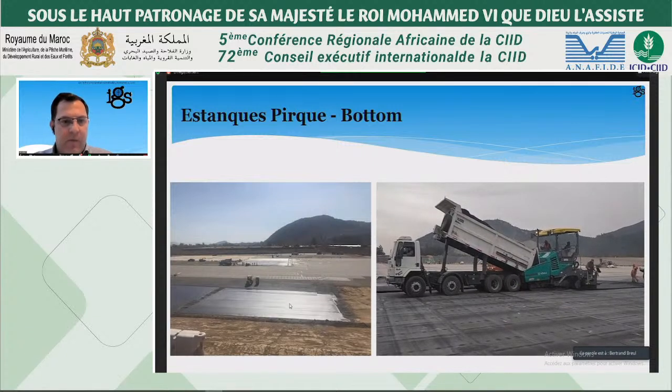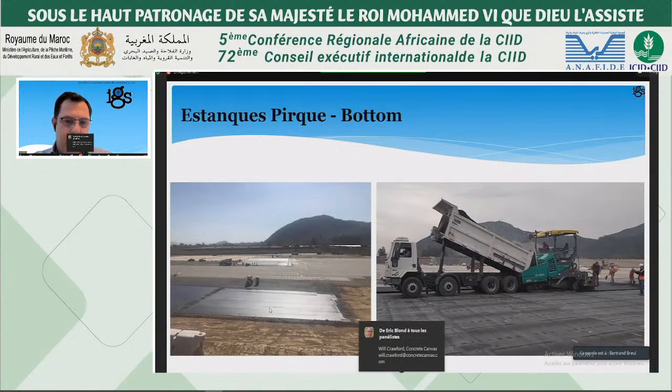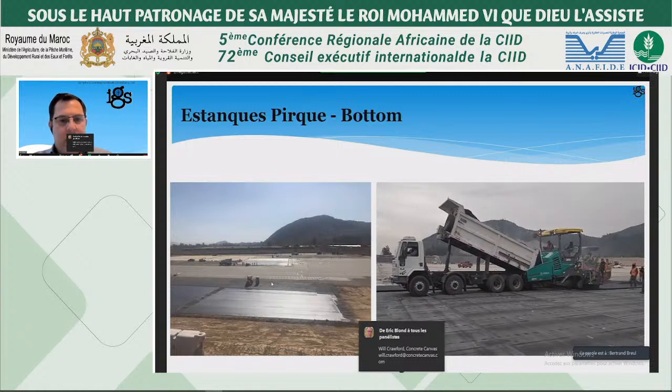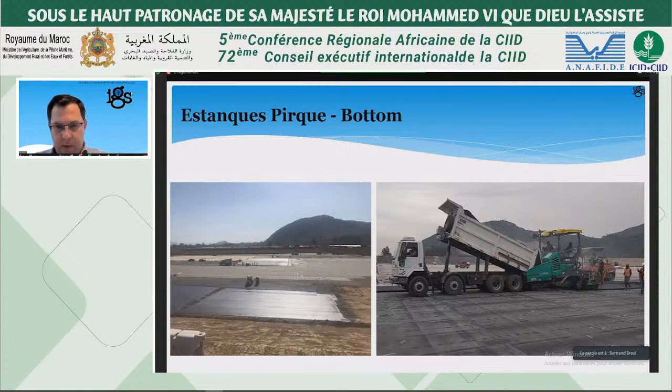On the left, you have all the different layers that are quite visible. And on the right, you see on the film that asphalt concrete is installed directly on top of the membrane. So this is one big advantage of bituminous geomembrane, is that you can pave directly on it.